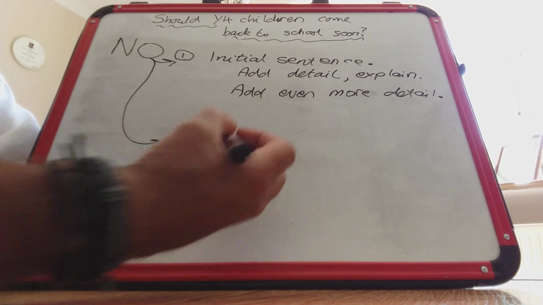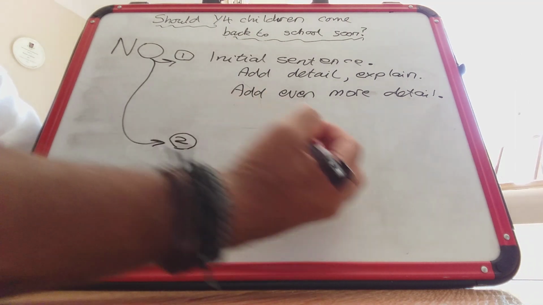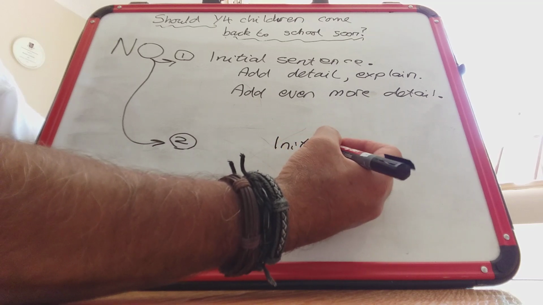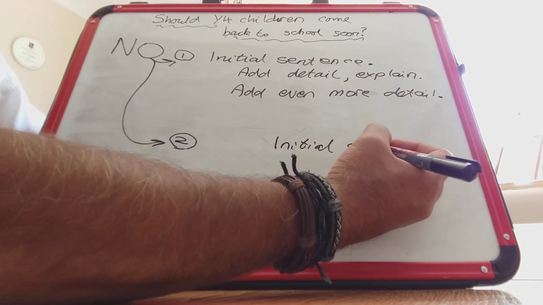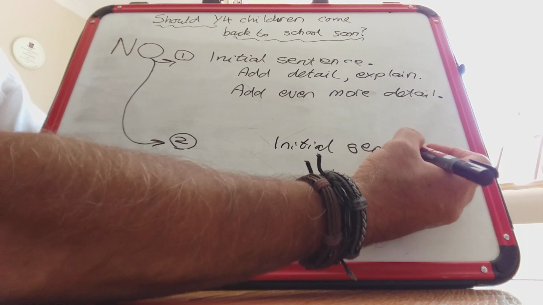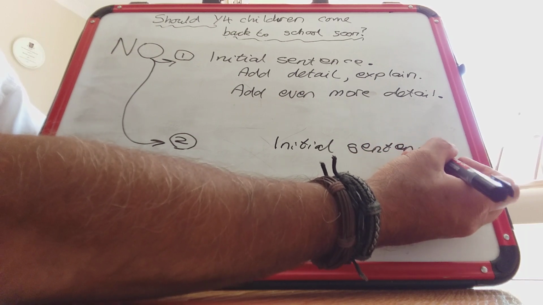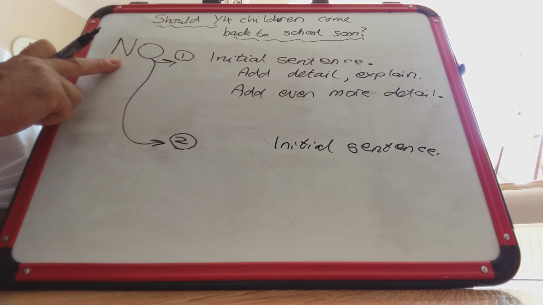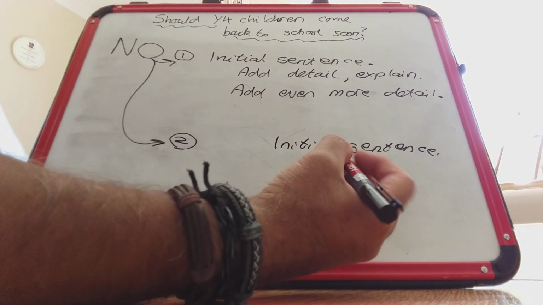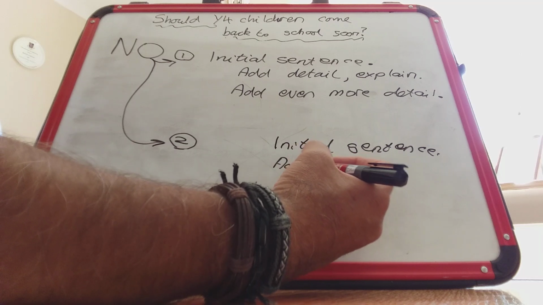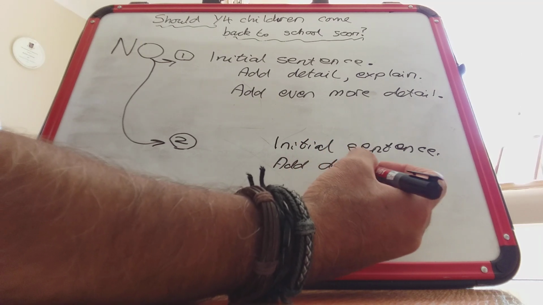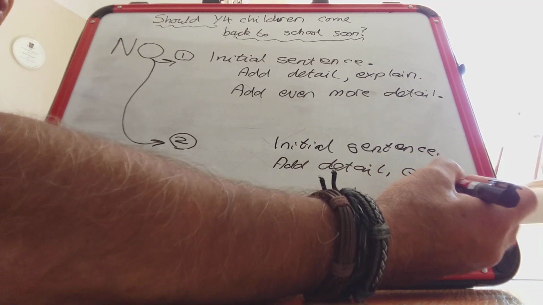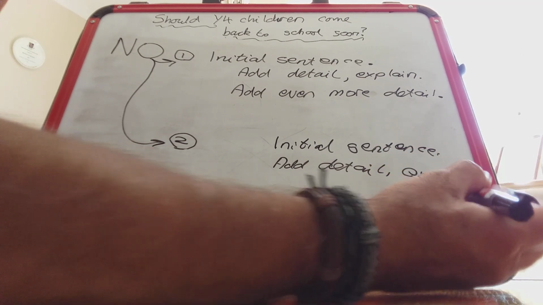So for the second reason, once again we will write, and in fact I'm going to start writing here, the initial sentence, which will very, very quickly explain why we are saying no to this question. Then we will add more detail in order to explain what we're talking about.